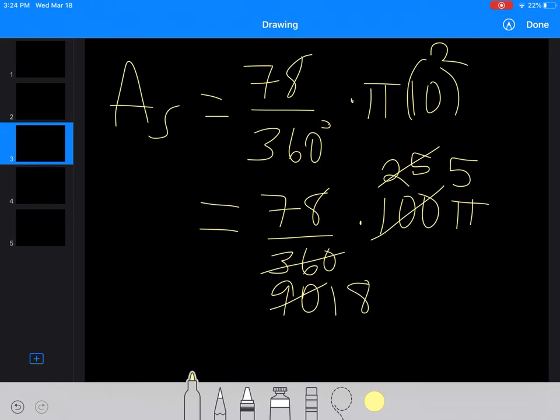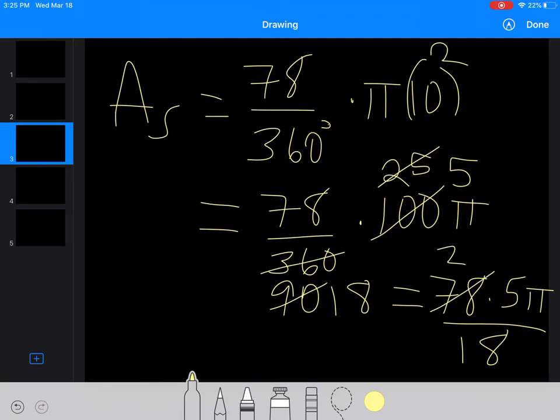Okay, so let's rewrite this now. So far we have 78 times 5, and pi is still on top, over 18. 78 is divisible by 3. You can divide 78 by 3 and you get 26. 18 is divisible by 3 and you get 6.